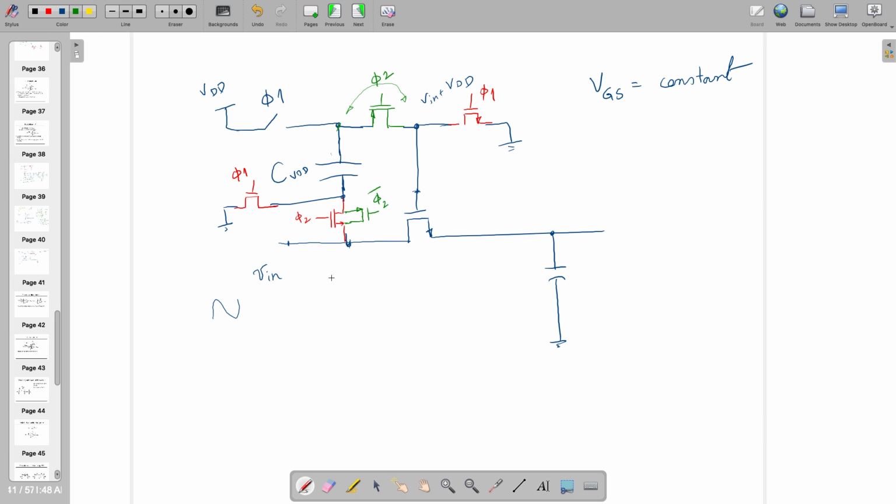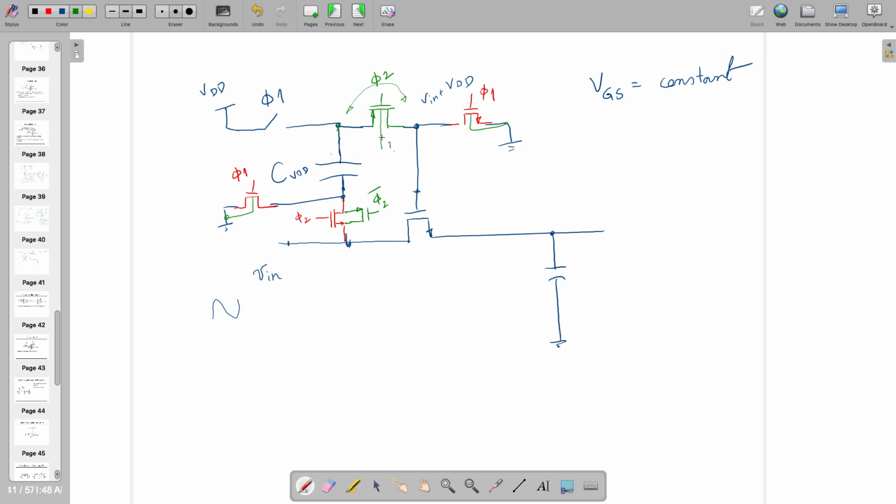But the only problem here is this side is Vin plus VDD. What is going to happen to this guy, which is the body? Till now, there was no problem. Look, there was no problem with VDD and ground, because the body of all NMOSes was connected to ground, and the body of PMOS was connected to VDD.